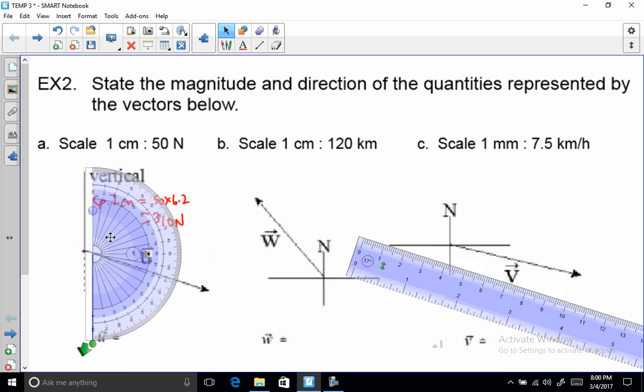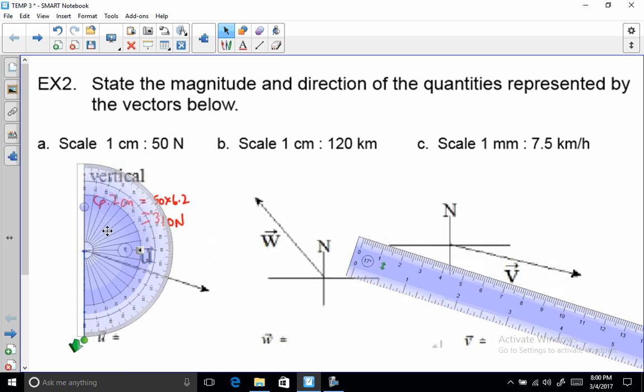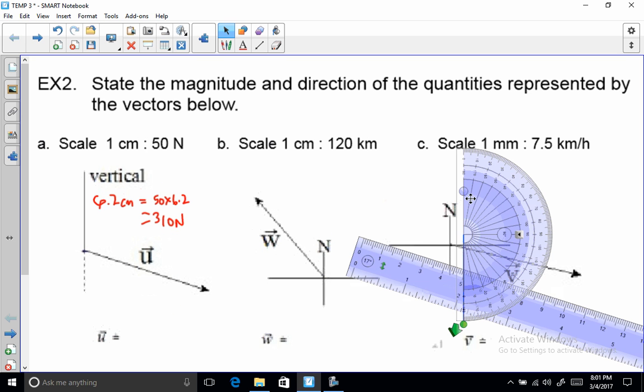There we go. And that angle looks to be about, I'd say about 108, around 108 degrees.